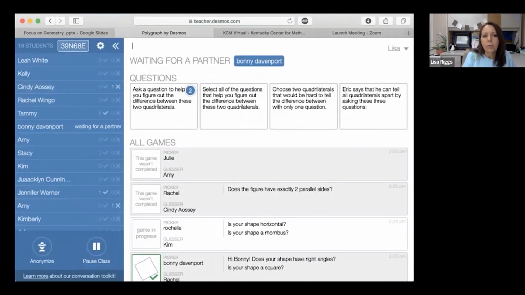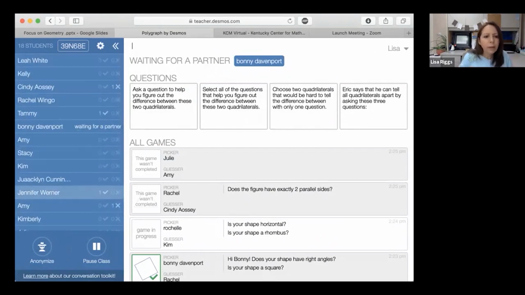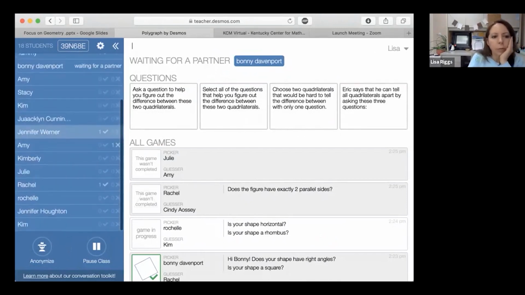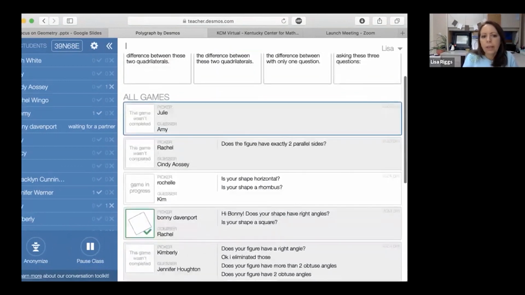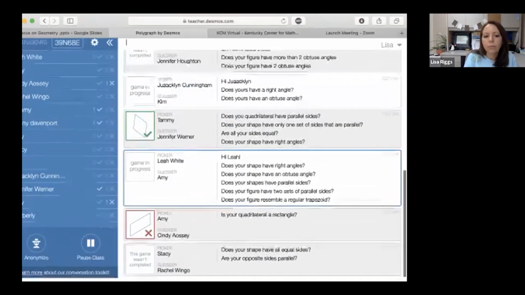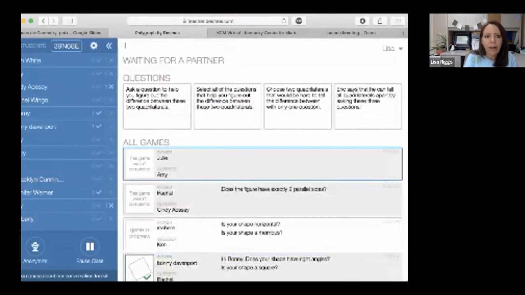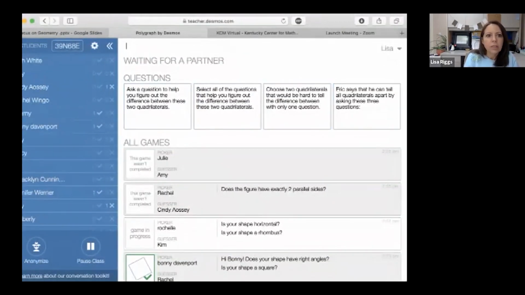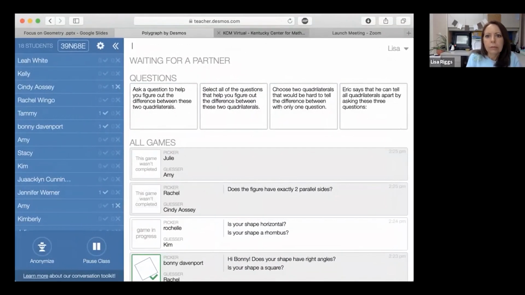I could see how many students I had, and for some reason it said, Bonnie, I know you were in there, because you got finished, so I guess that's why it said you were waiting for a partner. Hopefully everybody got partnered up and was able to play the game. It shows the games, if you got finished, and if you guessed correctly or not, and the questions that you had, the time and the different questions.